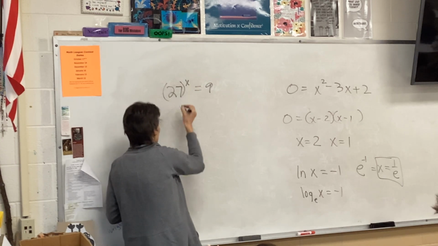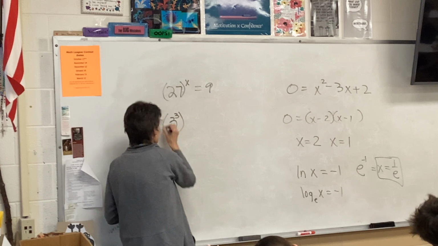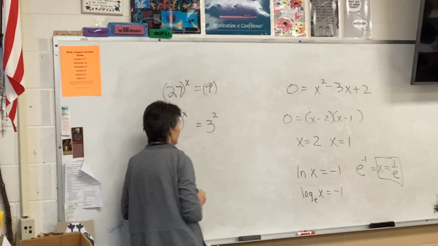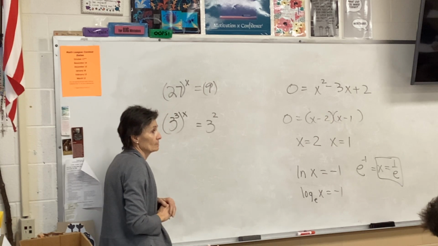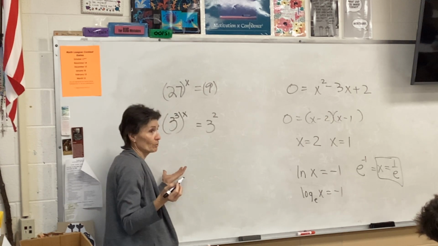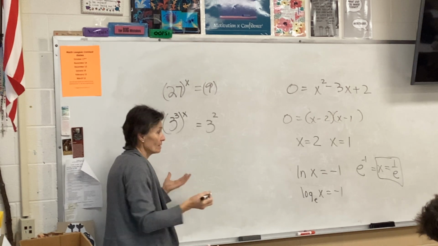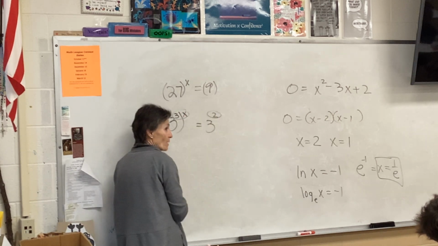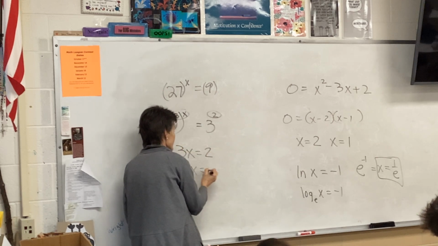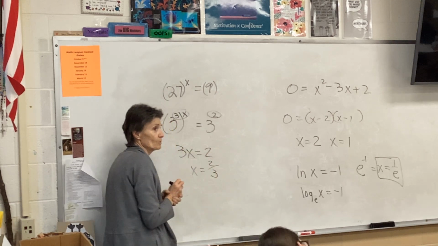So this one's going to become 3 to the 3rd, and this one's going to become 3 to the 2nd. As soon as you make them both 3s, then we just look at the exponents, right? So 3x equals 2 and x equals 2/3.